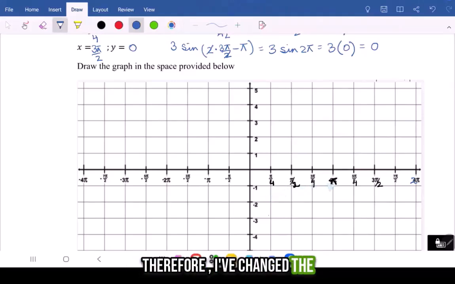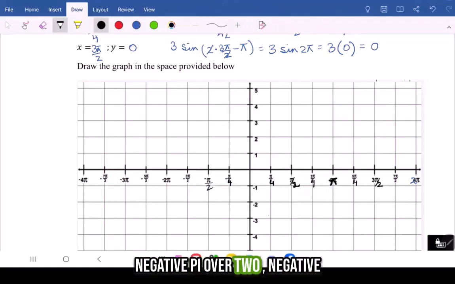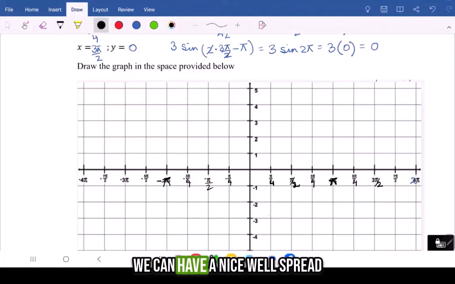Therefore, I've changed the interval values here from what was given to us only for the positive x-axis. Well, I can change it here as well. Make it negative pi over 4, then negative pi over 2, negative 3 pi over 4. This is negative pi and so on. All right. So I did that purposely so that we can have a nice, well spread out graph.